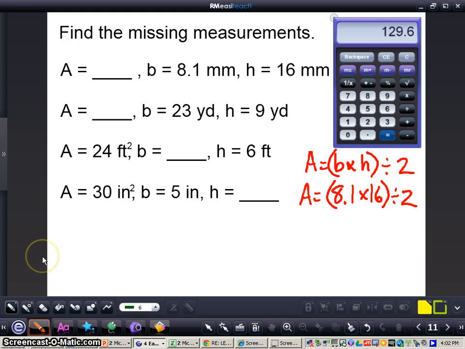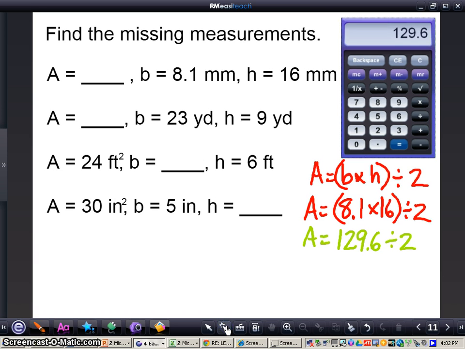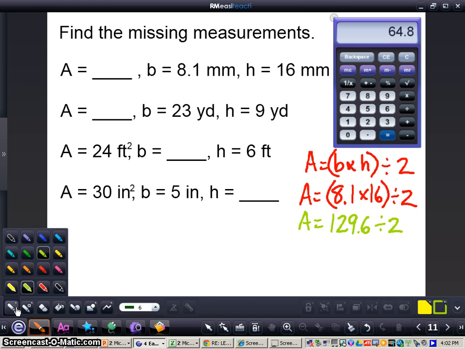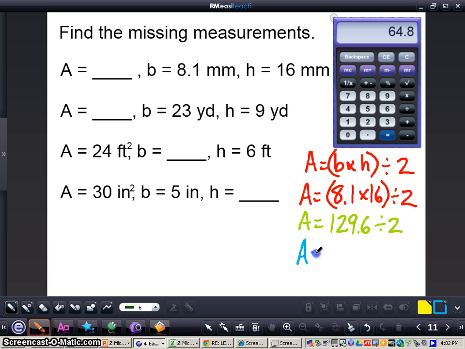A equals 129 6/10, now divided by 2. And we'll just take that and divide it by 2. That gives us 64 8/10 for our answer. So area equals 64 8/10 millimeters squared.